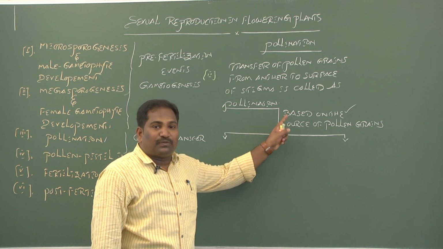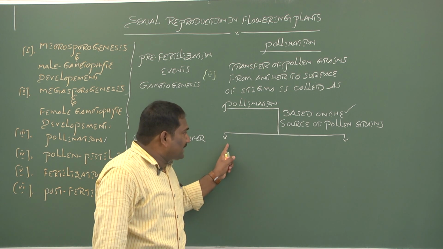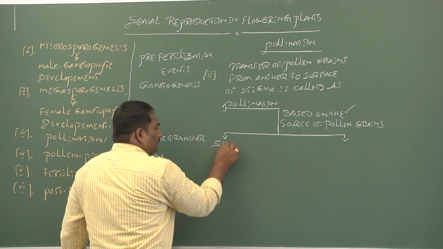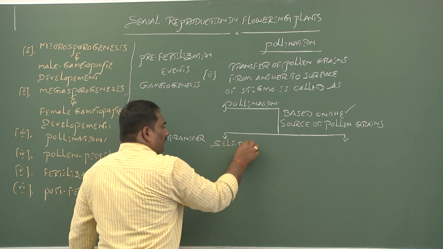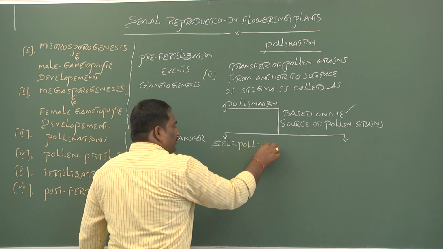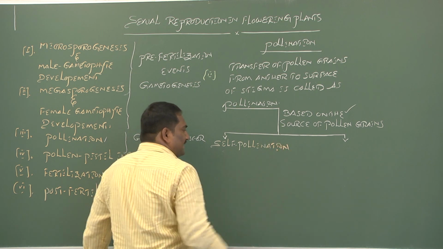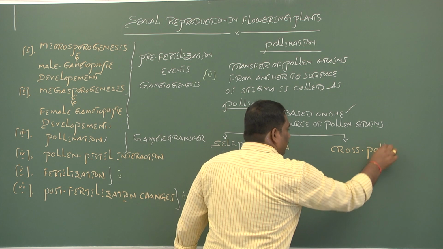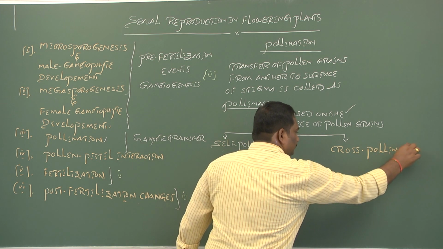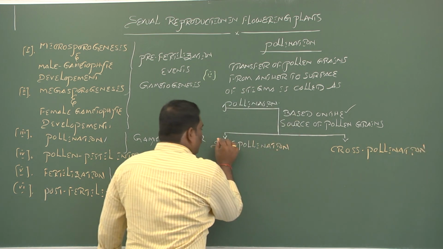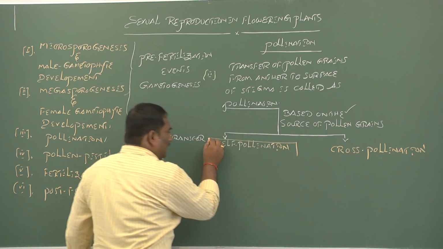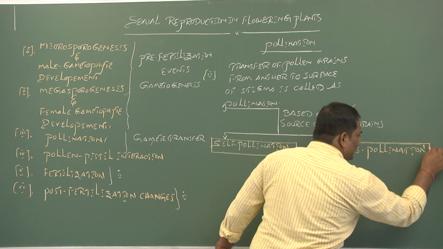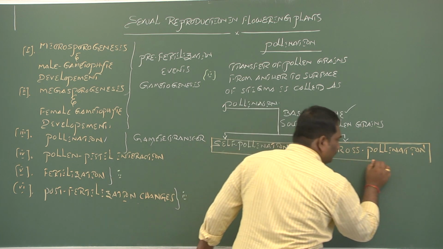Based on the source of pollen grains, the first type is self-pollination. The second type is cross-pollination. We need to discuss the definitions.